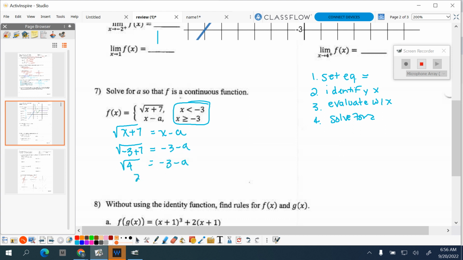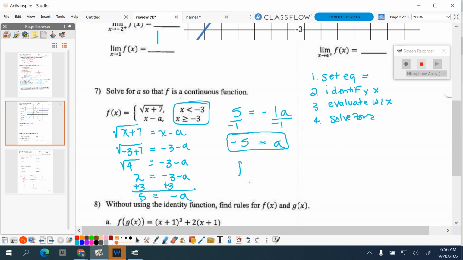So 2 equals -3 minus a. Add 3 to both sides: 5 equals -a. To make this work, I'm going to put a 1 in front of that a and divide both sides by -1, and a equals -5.